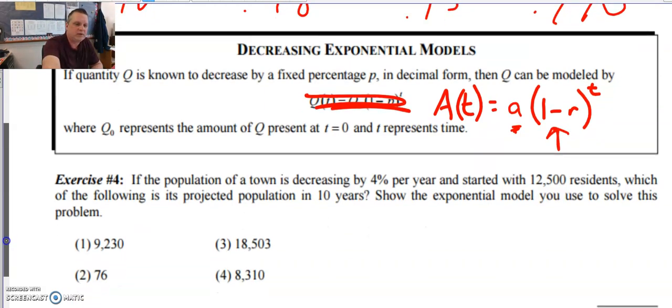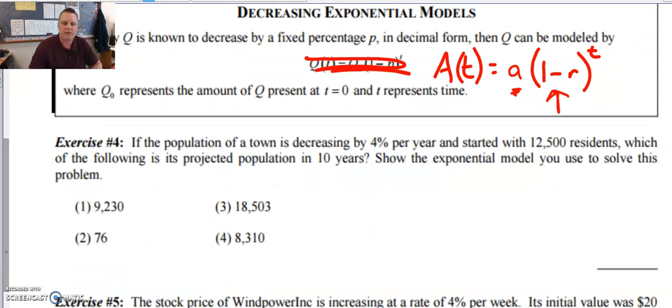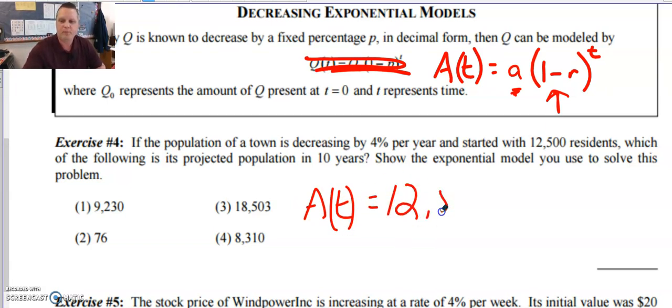Okay? So exercise 4. The population of a town is decreasing 4% per year. It started with 12,500 residents. Which of the following is the projected population in 10 years? Show the exponential model you use to solve this problem. So for my exponential model, if they don't tell you, you can always use A of t. A is the initial amount, 12,500.